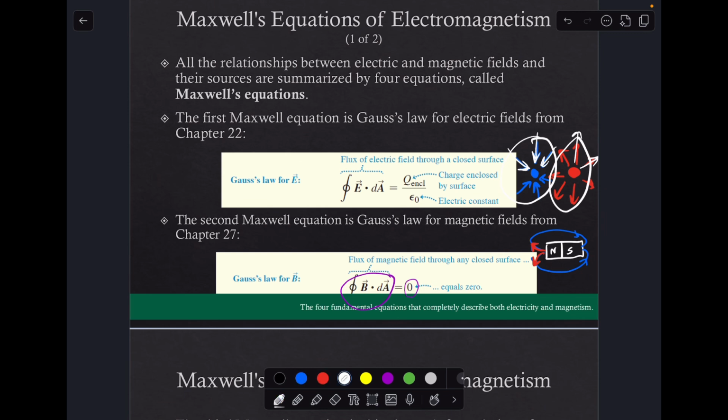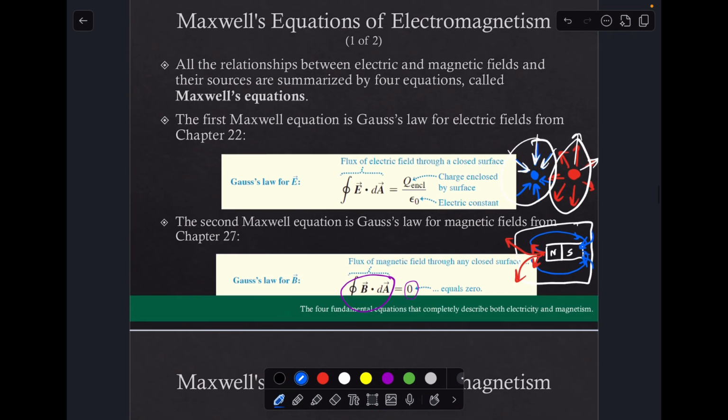So if I were to enclose this guy, I would have all of my exiting vectors canceling off with all of my entering vectors. And so no matter what magnetic object I enclose in the surface, I will get a net zero flux, because there will always be an equal amount of vectors exiting the surface as entering the surface.